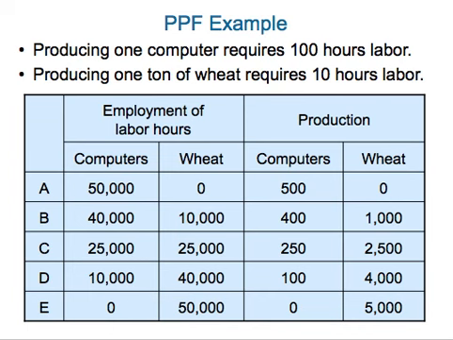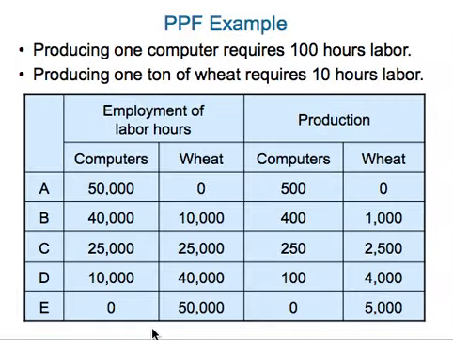In the production possibilities frontier example I'm using in this video, producing one computer requires 100 hours of labor, and producing 1 ton of wheat requires 10 hours of labor. So you can divide up those 50,000 labor hours however you want, and produce some combination of computers and wheat listed here from A to E. If you went all in with your labor hours for computers, and none for wheat, your production would be 500 computers and 0 tons of wheat.